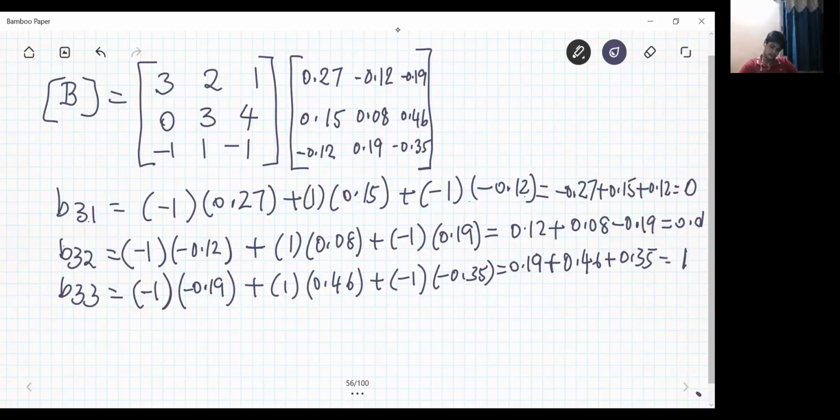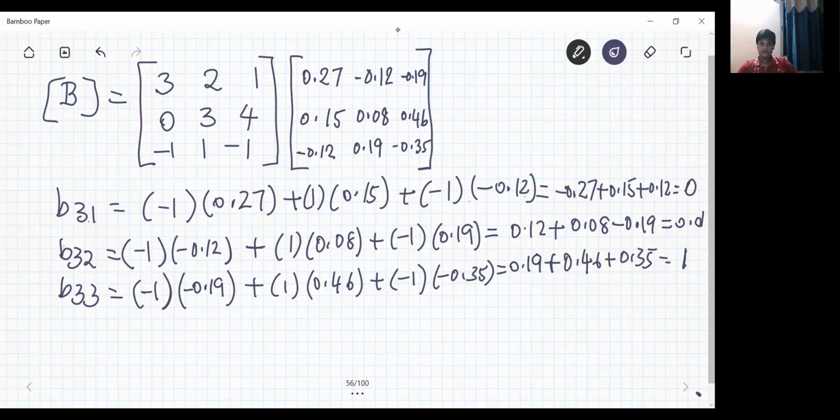Now again write matrix B is equal to, now you round off the numbers to whole numbers and write. You have written these fractions, those fractions you round off to whole number.